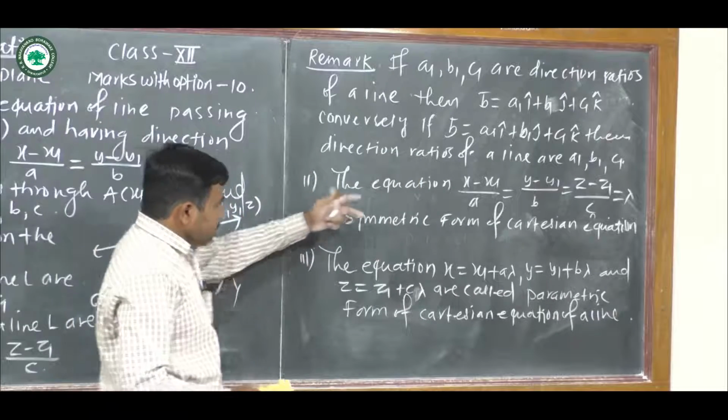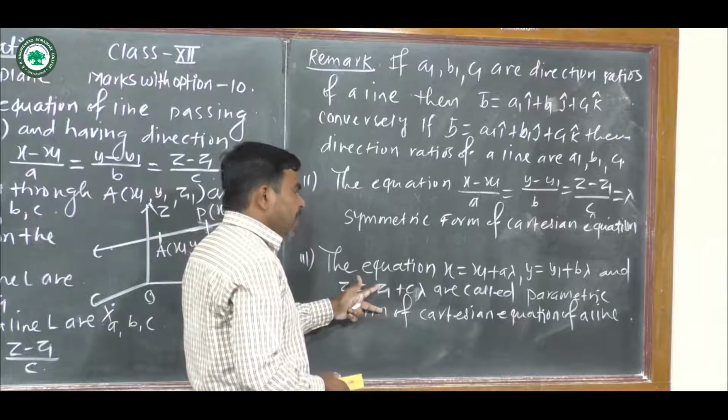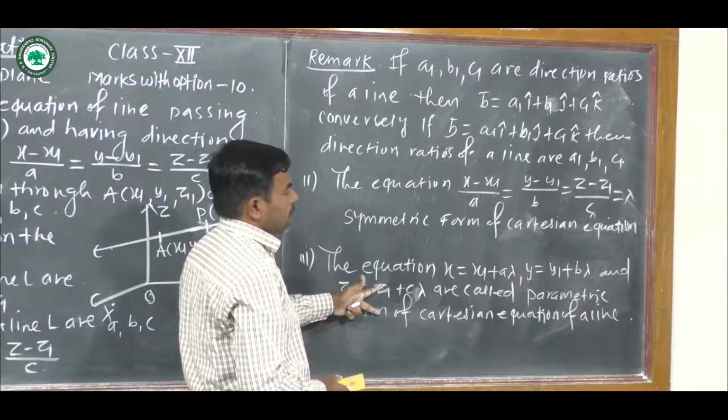So now this is symmetric form of Cartesian equation of a line, and this is parametric form of Cartesian equation of a line.